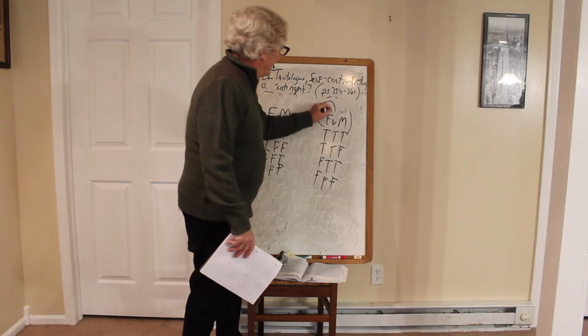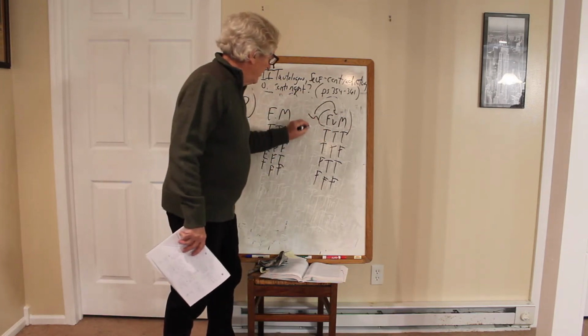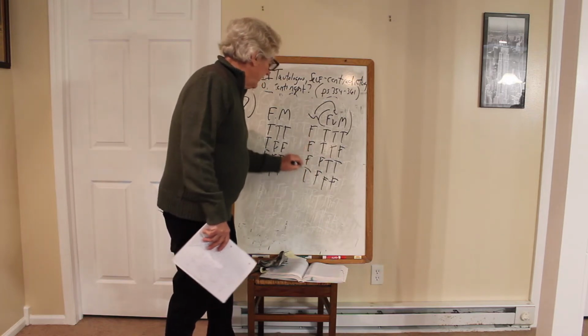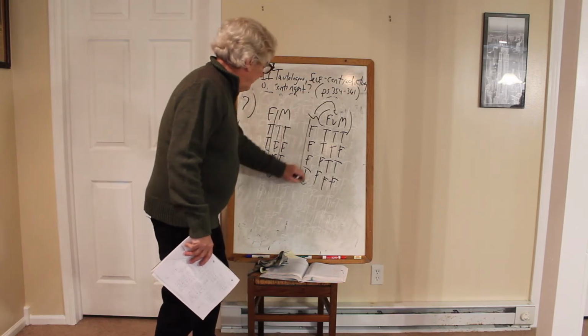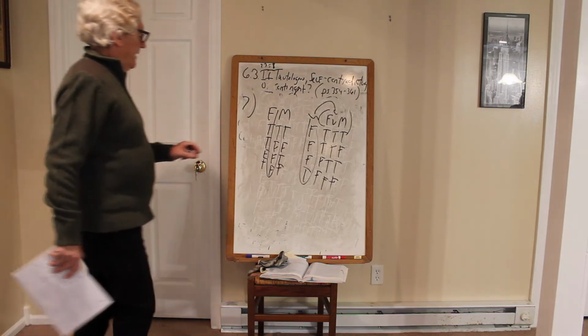Now, the negation doesn't go to the F. The negation in parentheses goes to the disjunction. Not true is false. Not true is false. Not true is false. Not false is true. Okay, so the main values under the dot were here. The main values were here. Now, are they ever the same on one row?